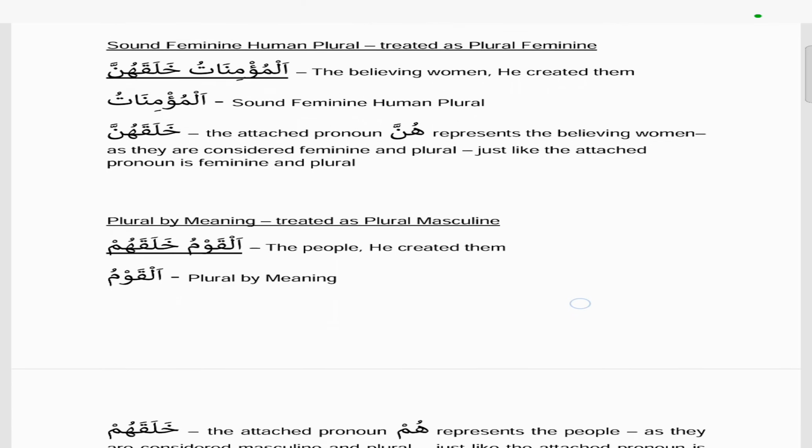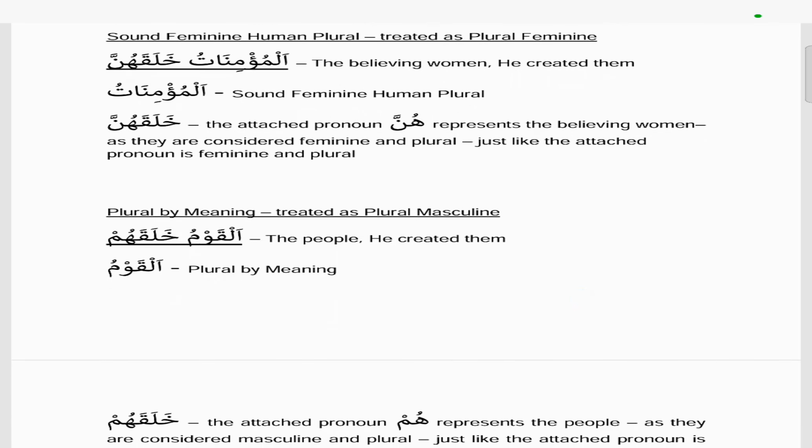So if we move to the sound feminine human plural, this is always treated as a plural feminine. So you have the example al-mu'minatu khalaqa hunna. So the believing women, he created them. So that's the meaning of that. So al-mu'minatu is a sound feminine human plural.